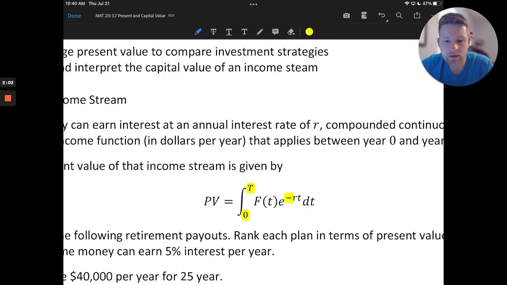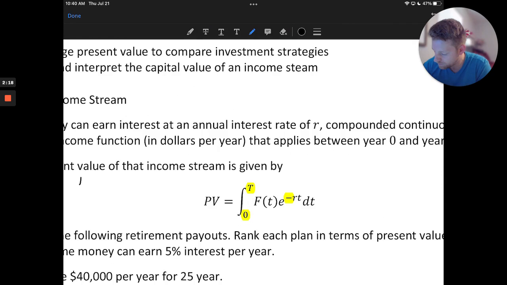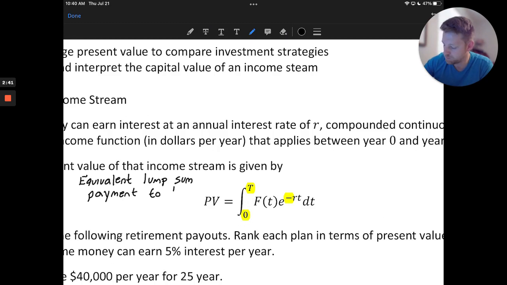So this calculation is actually bringing all of these income stream payments to the present value and considering their present value at time 0. In other words, present value here we could think of as the equivalent lump sum payment to the income payouts.